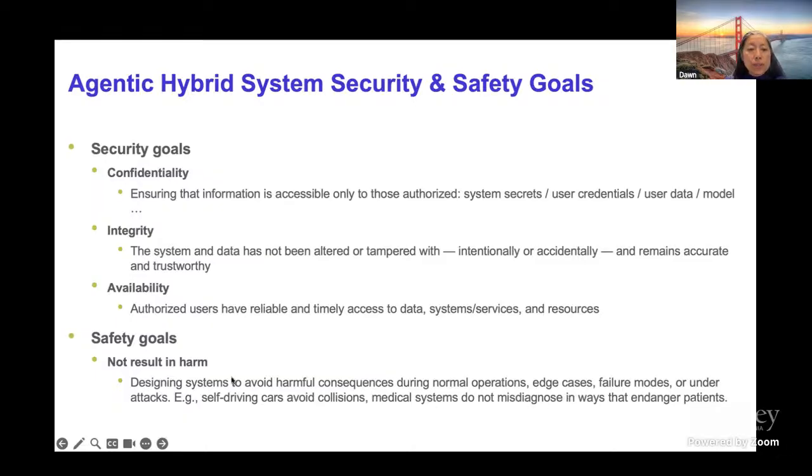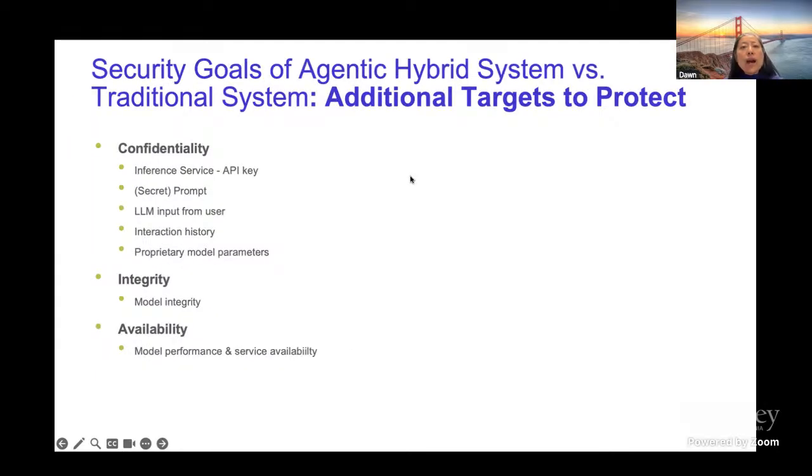So overall, we need to ensure the agentic hybrid system does not have harmful consequences during normal operations, edge cases, failure modes, or under attacks. So then how do we compare the security goals of an agentic hybrid system versus a traditional system? One difference is that an agentic AI system has additional targets that we need to protect.